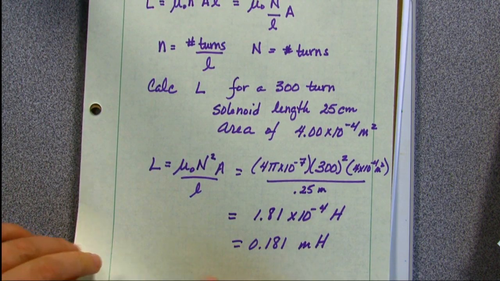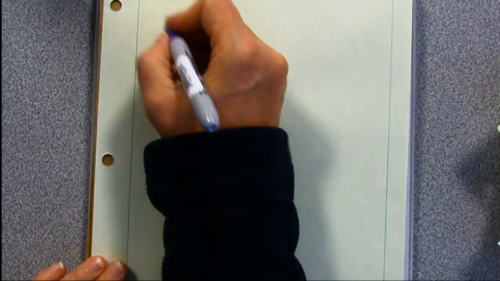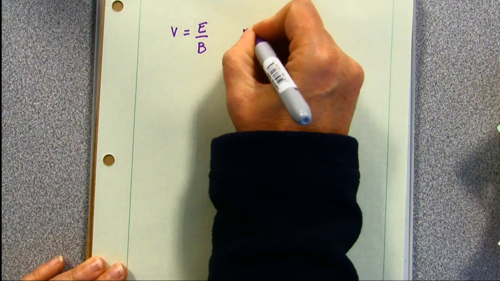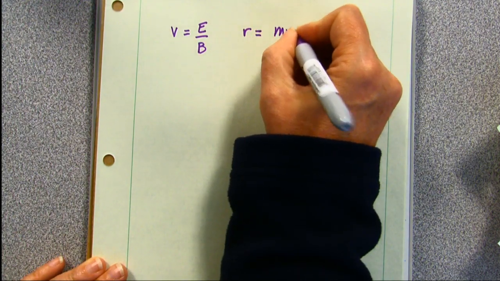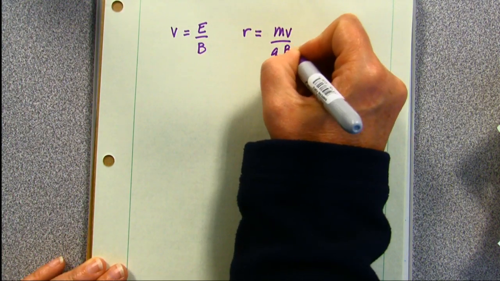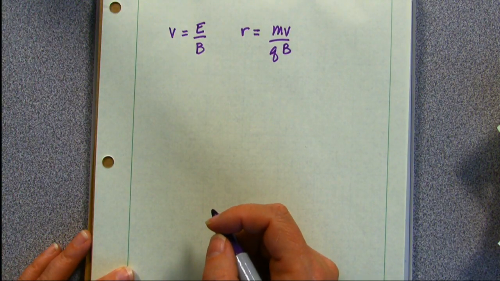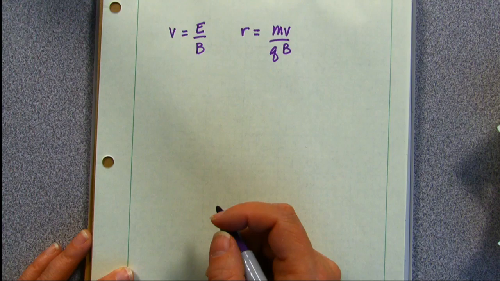I think I got time for one more, and it's the mass spectrometer problem. So for my mass spectrometer, we said that V was going to equal E over B, and we said that R was equal to MV over QB. And we want to determine the relative abundance of oxygen 16 to oxygen 18.